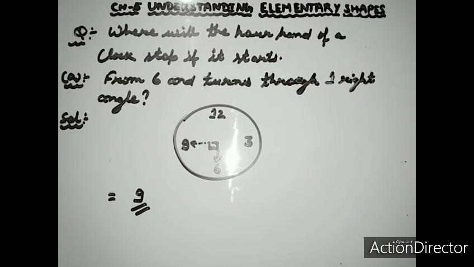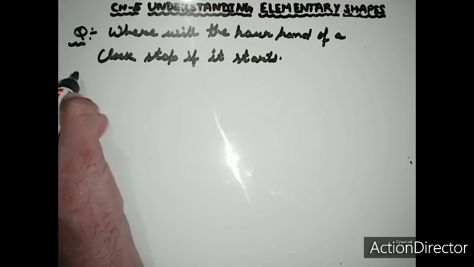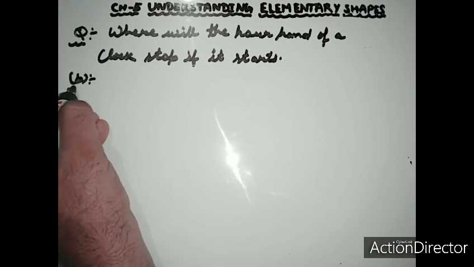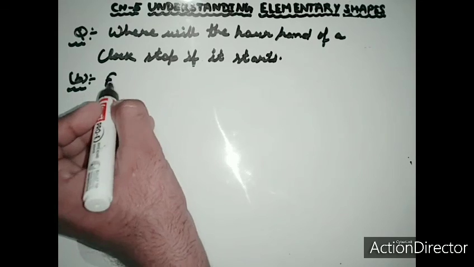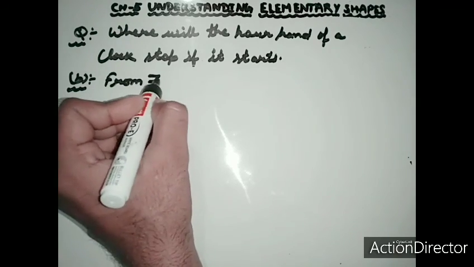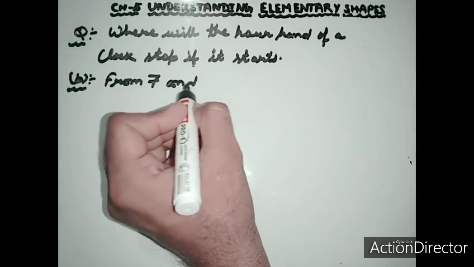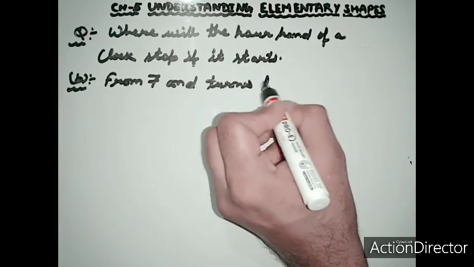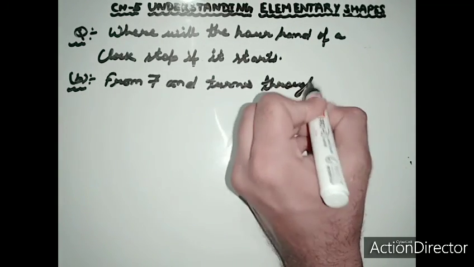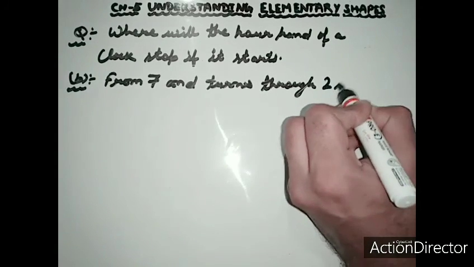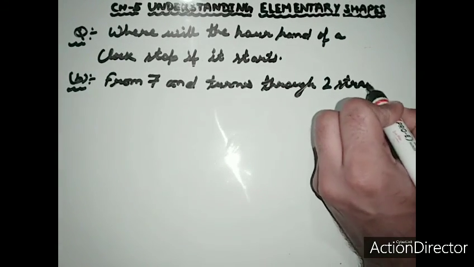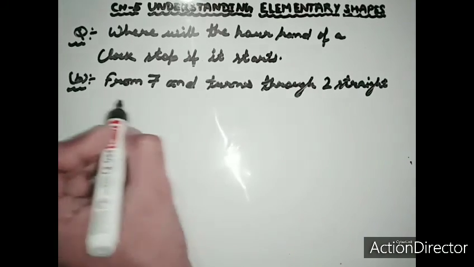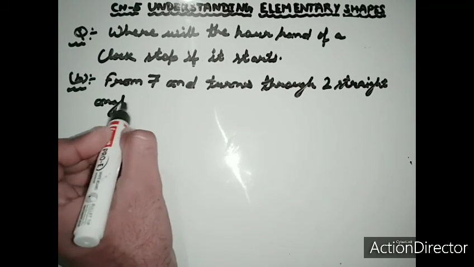Now we take another example, the B part of this question: from 7 and turns through 2 straight angles.